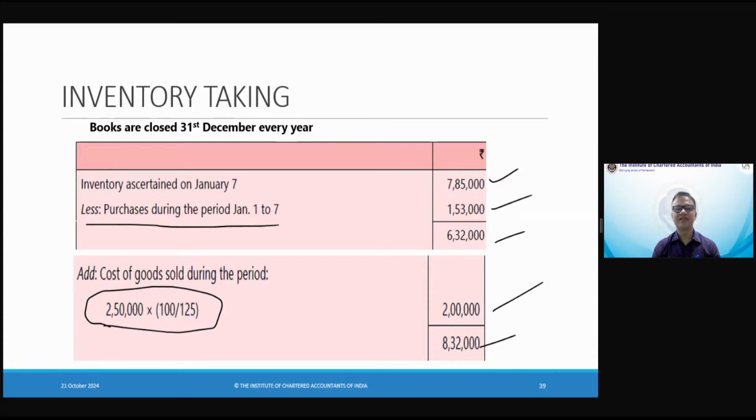That means the inventory on 31st December was more than on January 7. With this concept and formula, if anybody has any doubt, because this is one of the questions frequently asked in the foundation exam, tell me, then I can proceed forward.